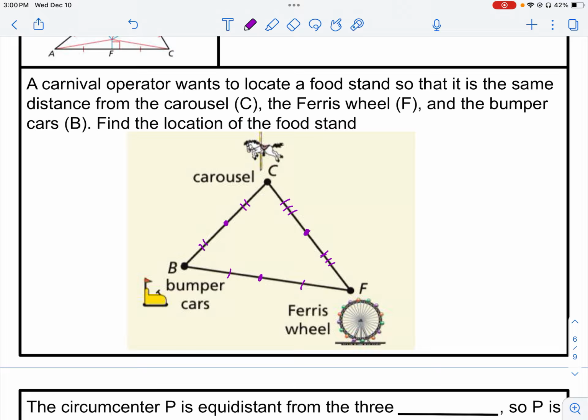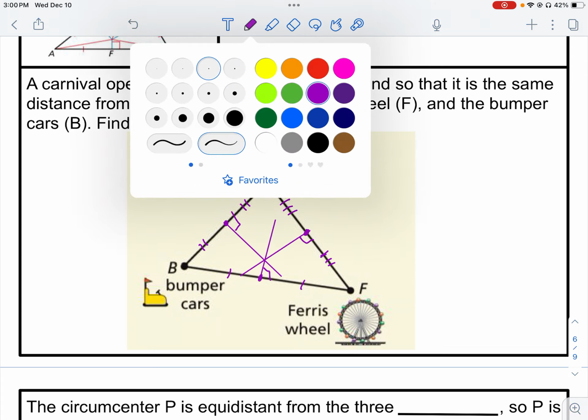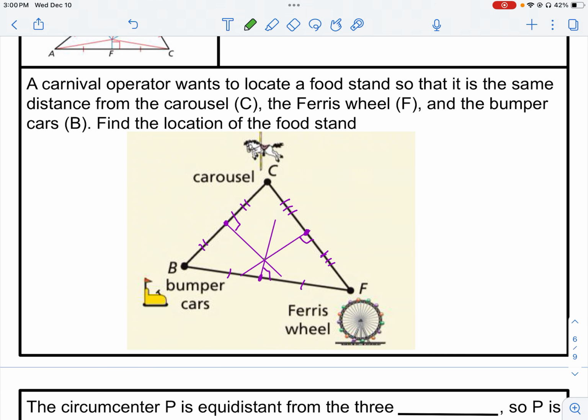So after we find that midpoint, we're going to measure out at the perpendicular to find point E for elephant ear.